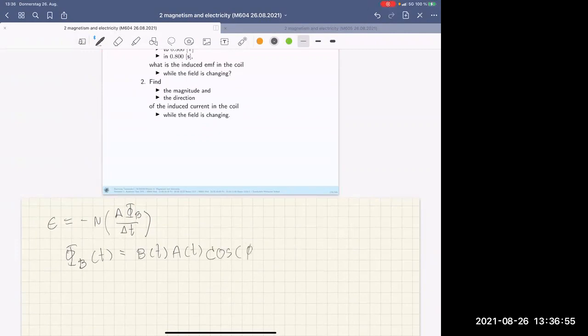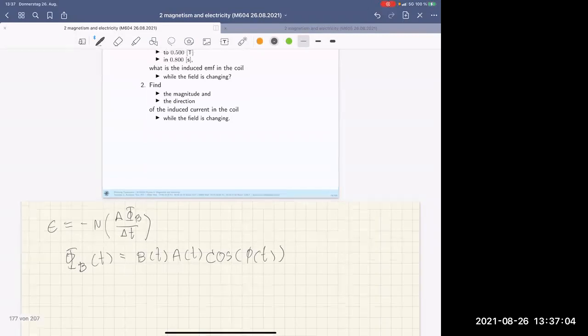It's cosine of small phi, the angle, which can also change with time if we talk about the generator, because there is rotation. Because there is rotation, the angle can also change with time.